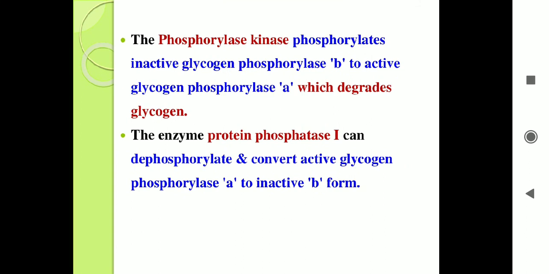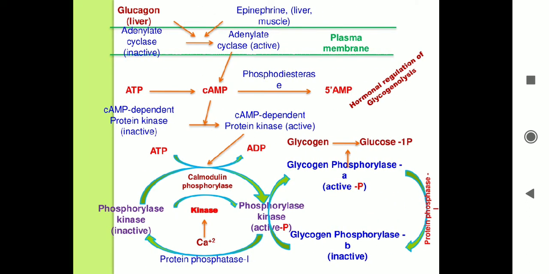This phosphorylase kinase phosphorylates inactive glycogen phosphorylase B to active glycogen phosphorylase A, which degrades the glycogen molecule, and the enzyme protein phosphatase I dephosphorylates and converts active glycogen phosphorylase A to inactive form B. So here you can see it in more detail in the diagram.